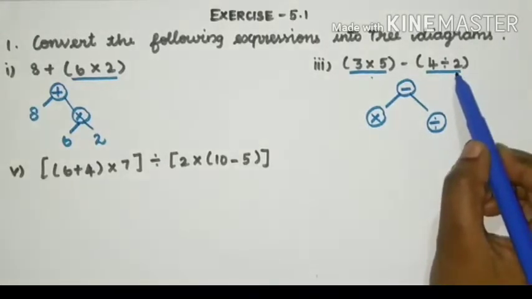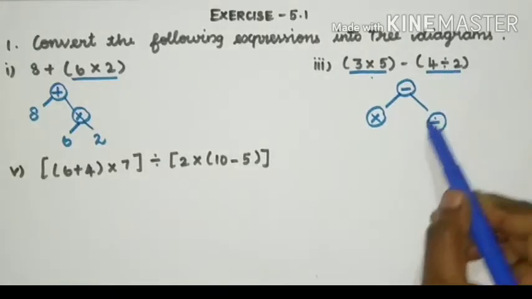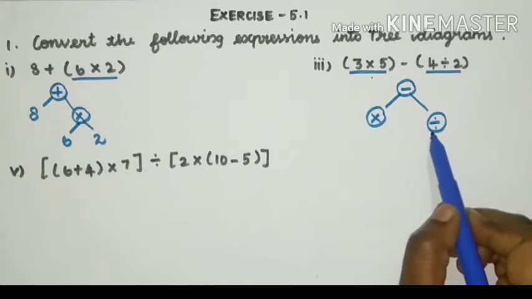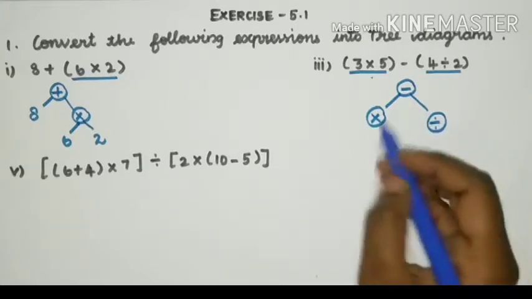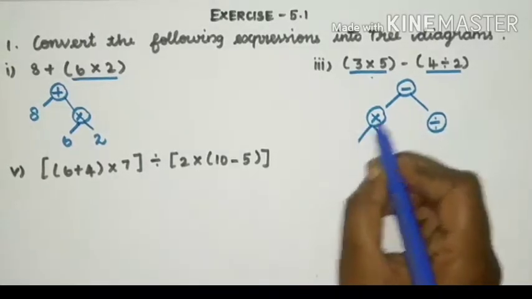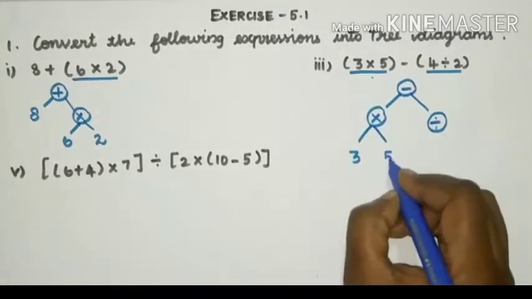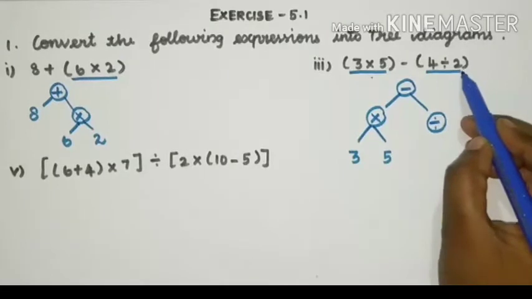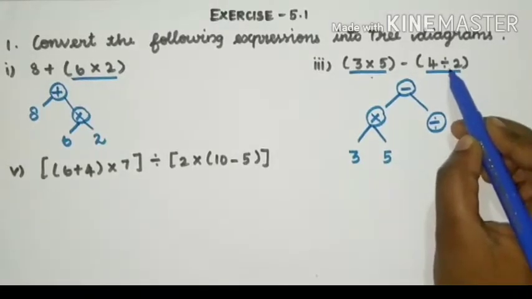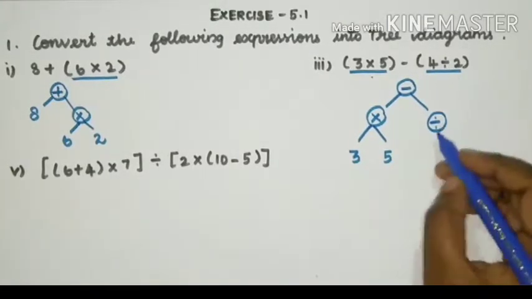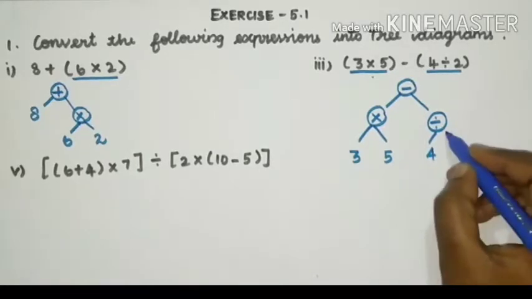And the second term is connected with the operation division. So you have to write the division symbol here. Then which two numbers are multiplied here? 3 and 5. And here 4 and 2 are connected with the operation division. So you have to write 4 and 2 here.